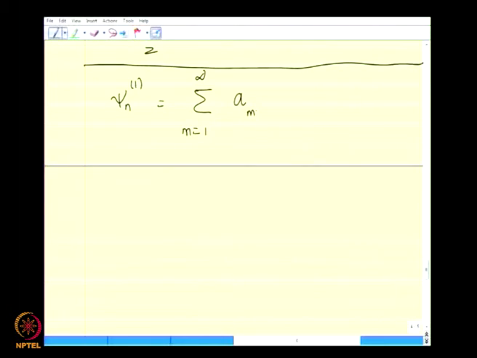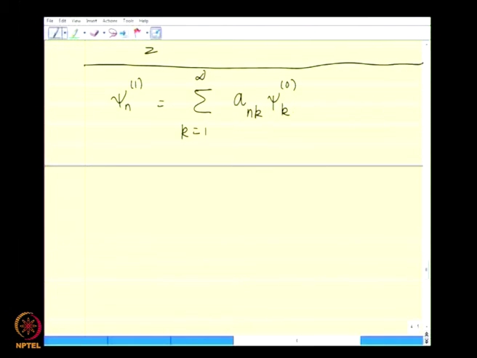Let me see what notation I have used in the notes. Okay, I have used n k, so not m, I have not used m in my print notes, so I have used the symbol k. So it is a n k psi k 0. Okay.